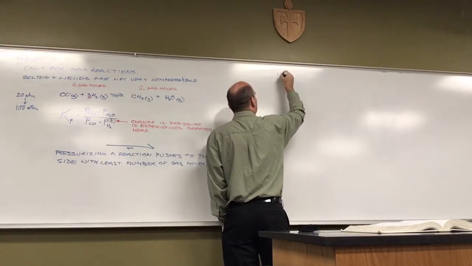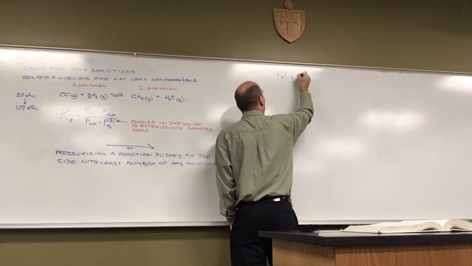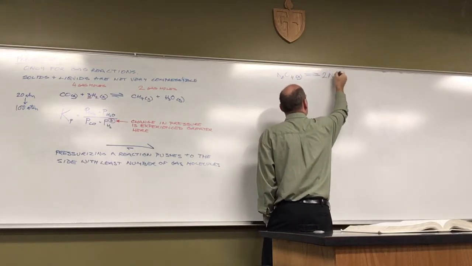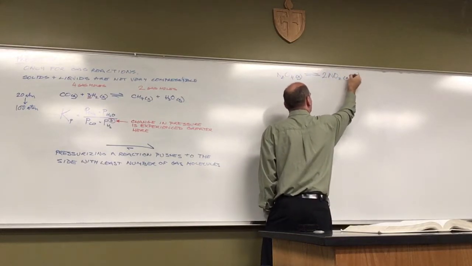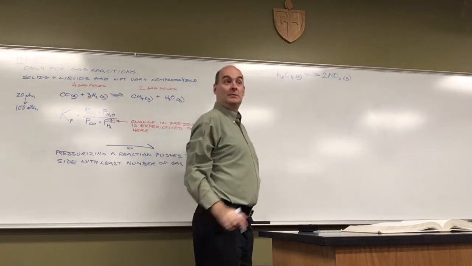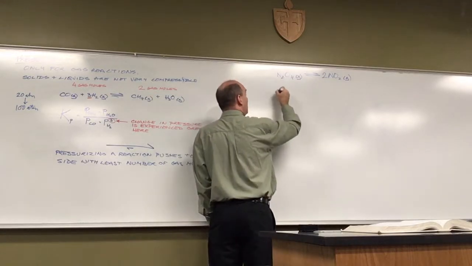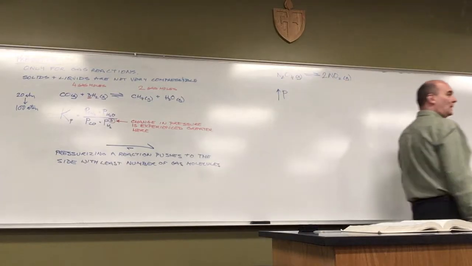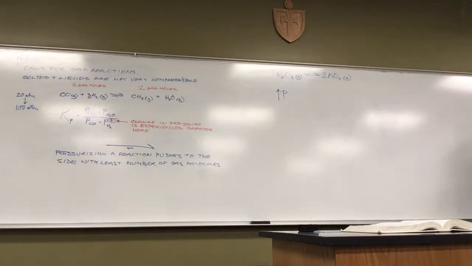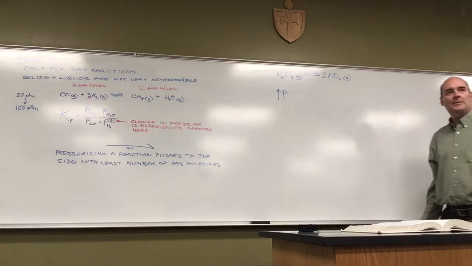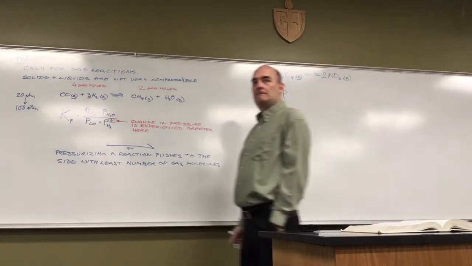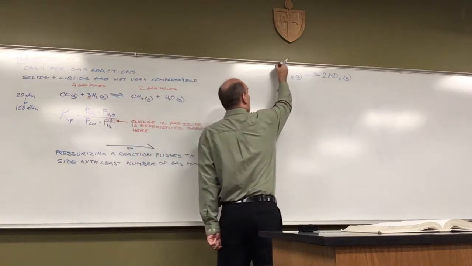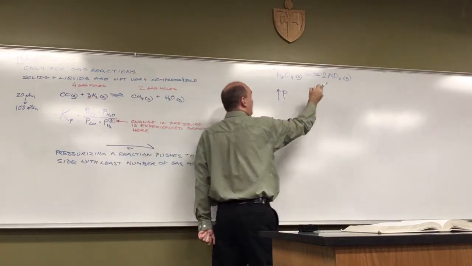If I did N2O4, which is a gas, in equilibrium with two NO2, which is a gas, and I increase the pressure, what would happen to the equilibrium concentrations? What's going to happen? I have one gas molecule on the left.